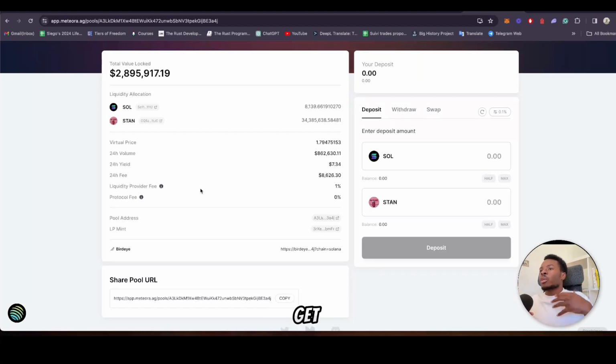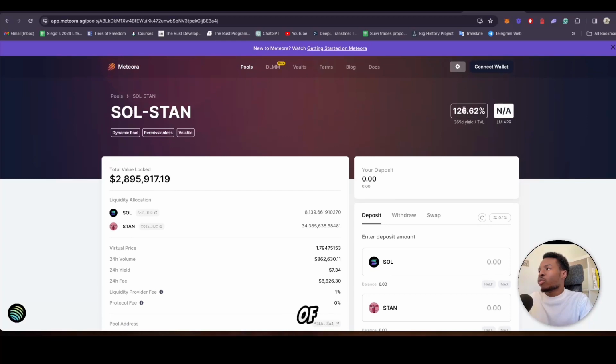If you supply your Solana and Stan, maybe the price of Stan might vary so much that by the time you want to take your liquidity out, you might not get the exact amount in dollars that you supplied. That's usually the trade-off for giving this amount of yield.